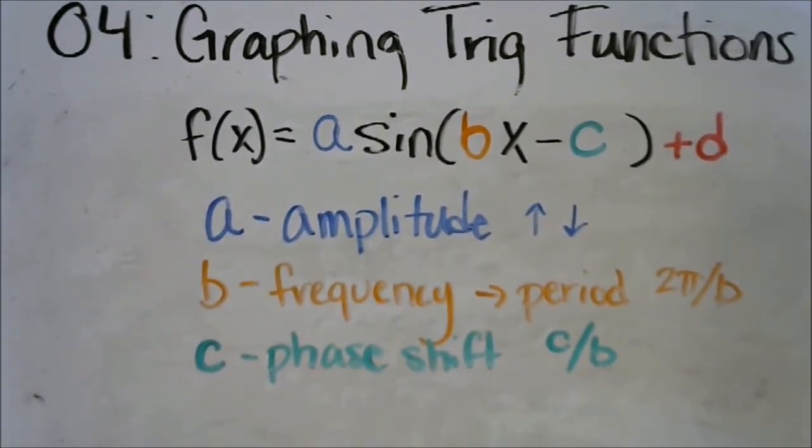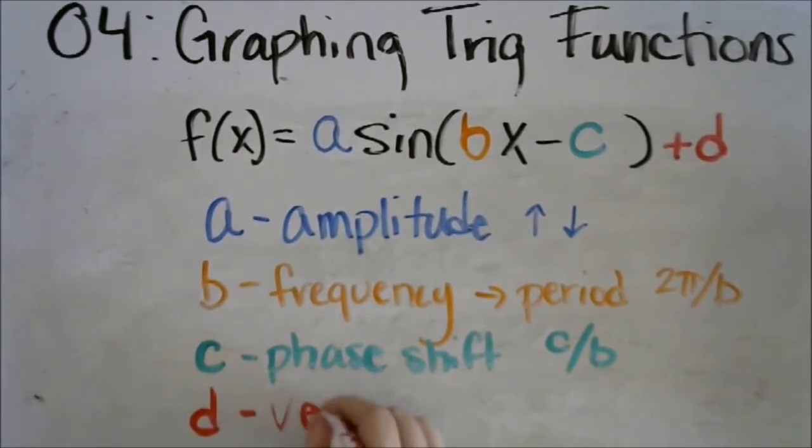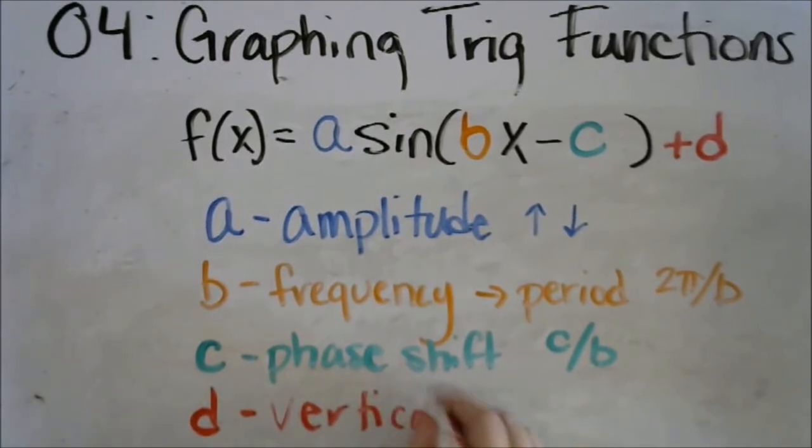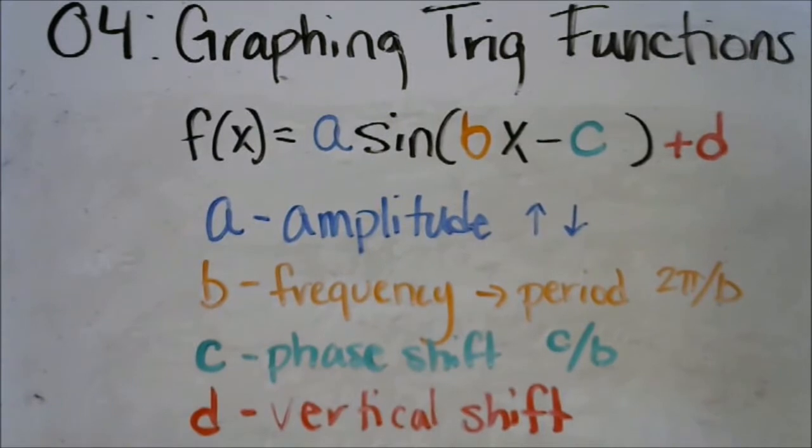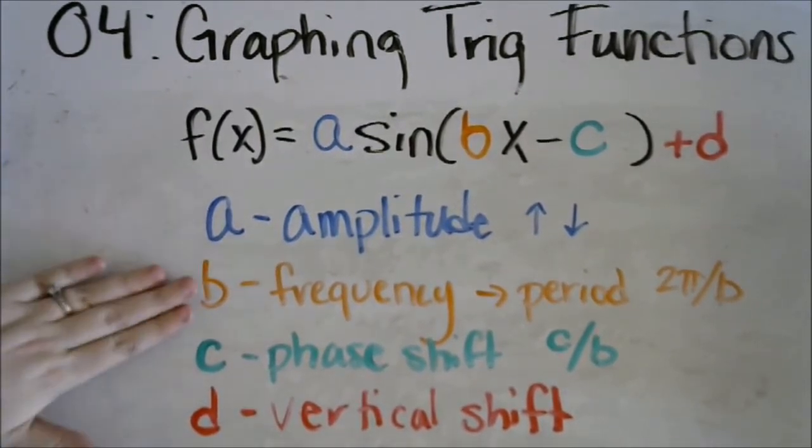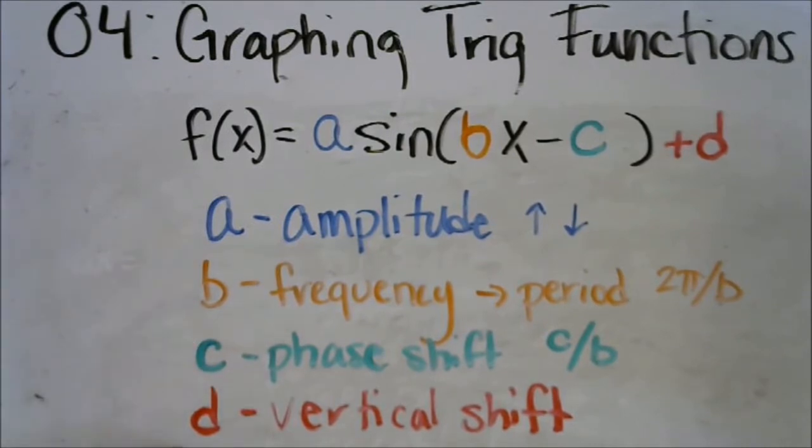The last value is the vertical shift, and even in trig functions, it's still referred to as a vertical shift. Take a screenshot of this or copy down this slide because this is the information that we're going to reference as we graph functions with various amplitudes, periods, phase shifts, and vertical shifts.